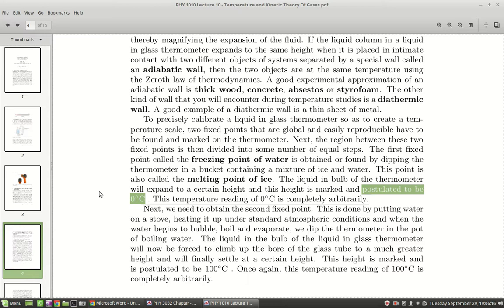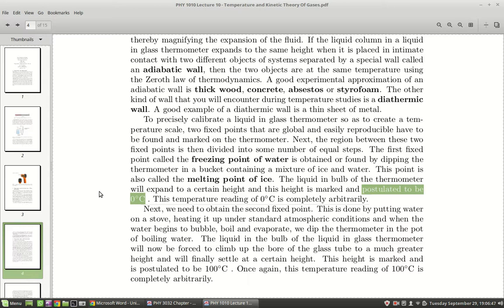Okay, then after marking the 0 degrees mark on the thermometer, next we get this ice and water, we put it on a stove. Then we boil the water and the water begins to evaporate. Then we dip in the thermometer. When we dip in the thermometer, the liquid in the bulb is going to get heated and it will expand to a certain height.